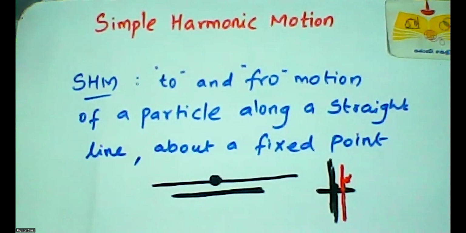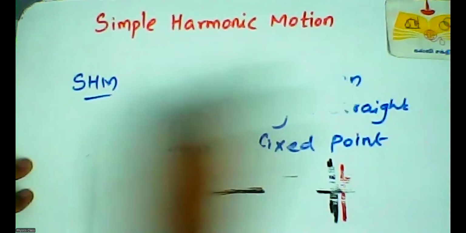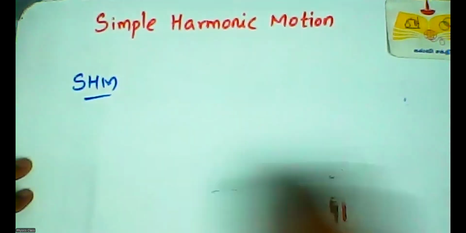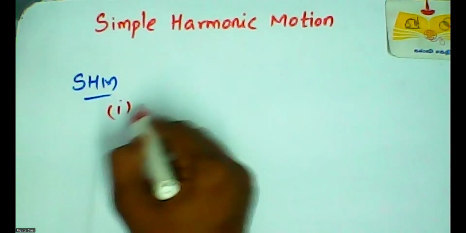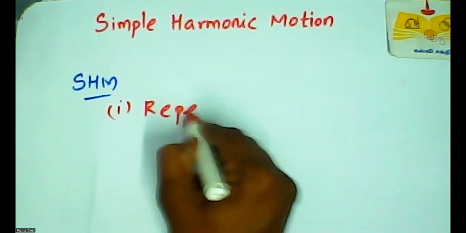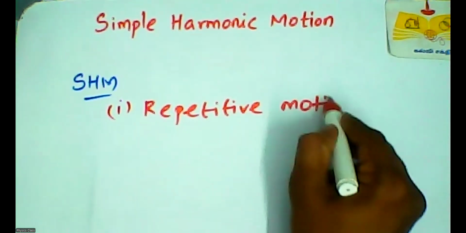Some key characteristics of simple harmonic motion. There are three important points. First one, repetitive motion.